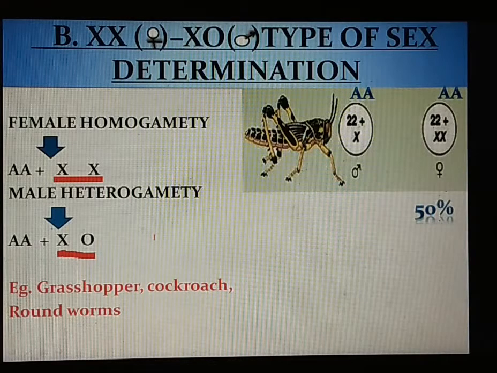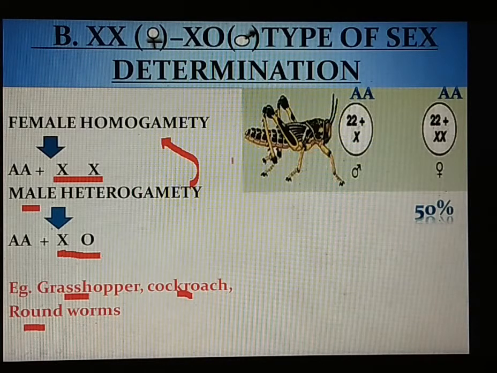The examples here are grasshoppers, cockroaches and roundworms, wherein we see such type of sex determination. Since there is the absence of one sex chromosome, definitely the total number of chromosomes will be less in males than in females, since one sex chromosome is absent.